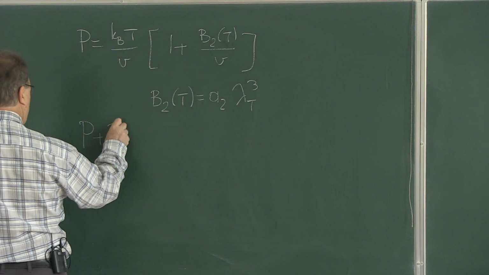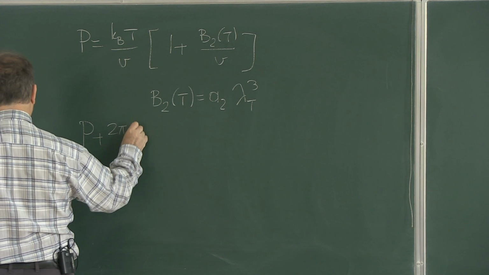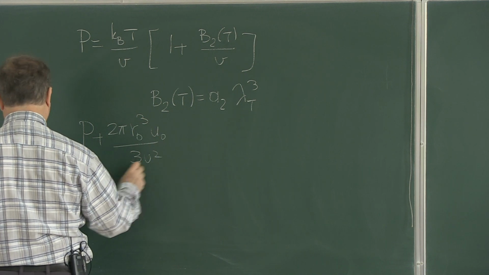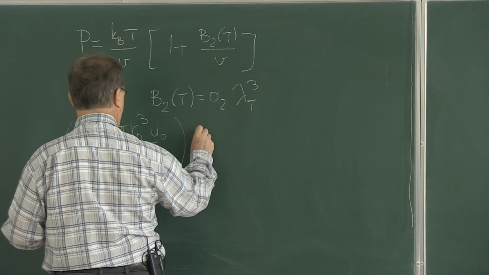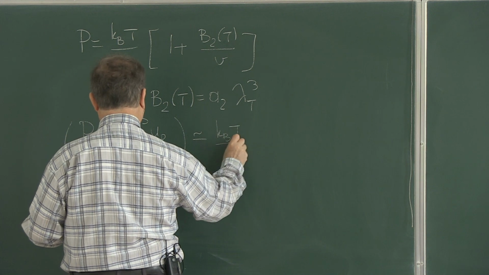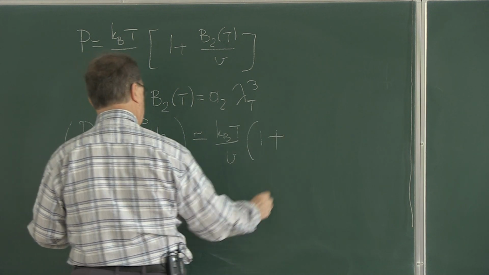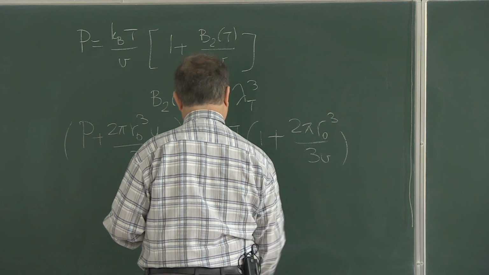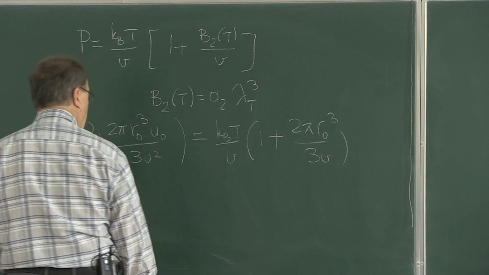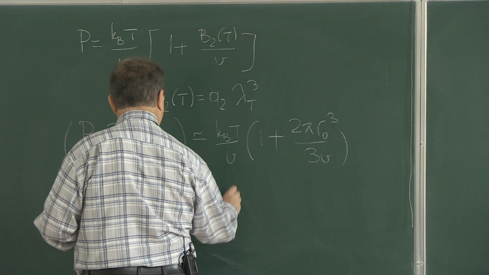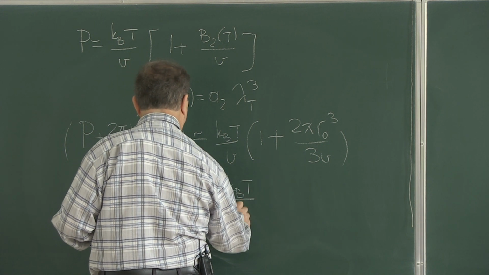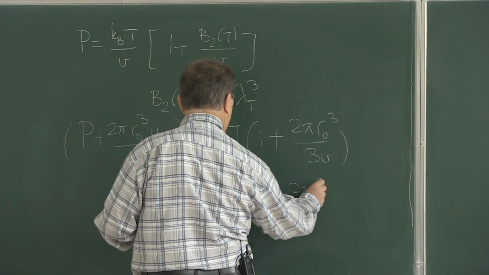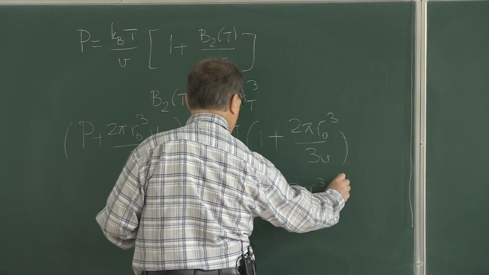P plus 2 pi r0 cubed u0 divided by 3V squared equals more or less kBT over V, 1 plus 2 pi r0 cubed over 3V, or can be written as kBT over V, 1 minus 2 pi r0 cubed over 3V to the power minus 1.